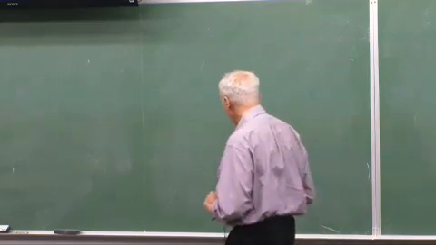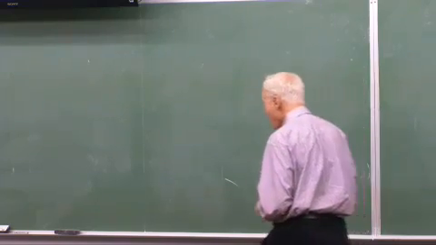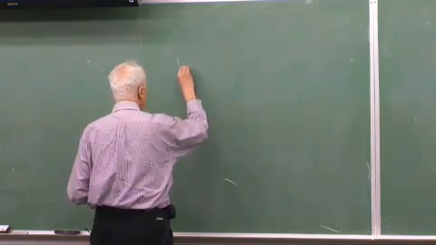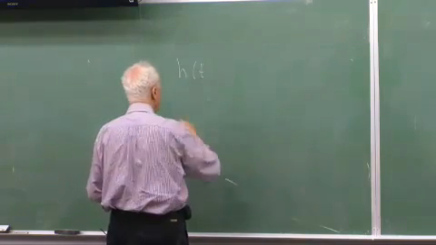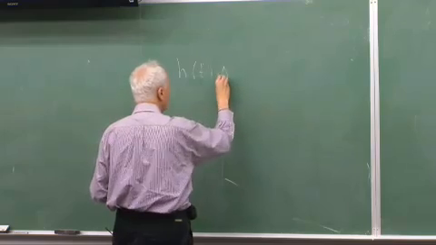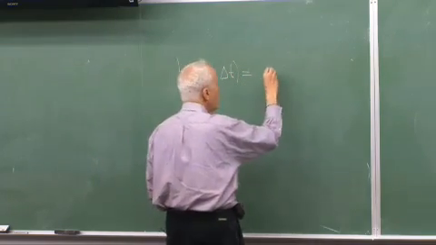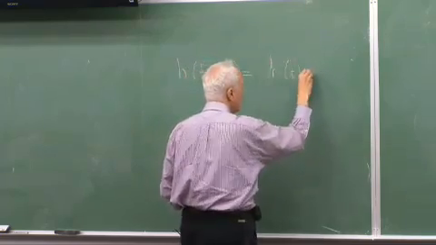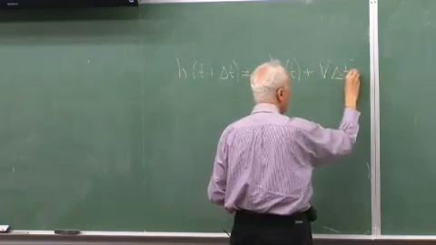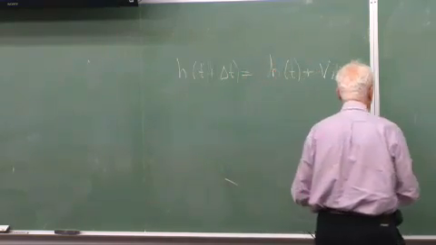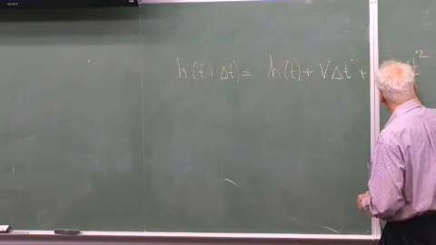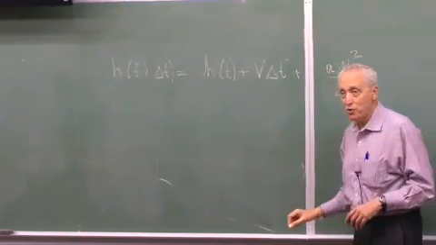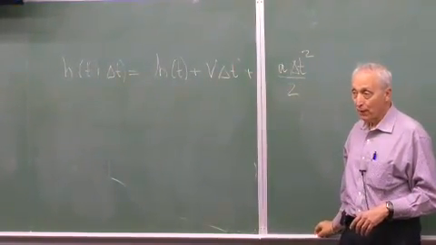As I said, the error in h of t is basically the acceleration times delta t square over 2.